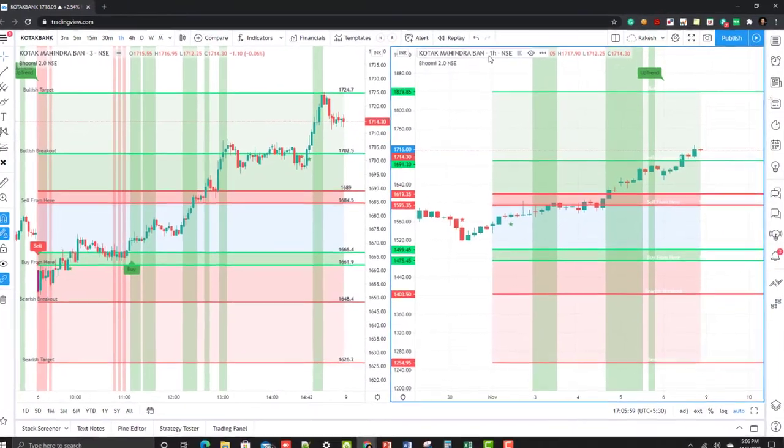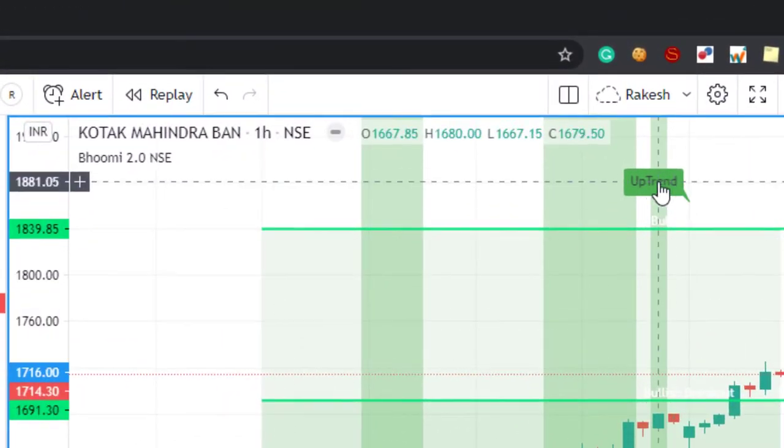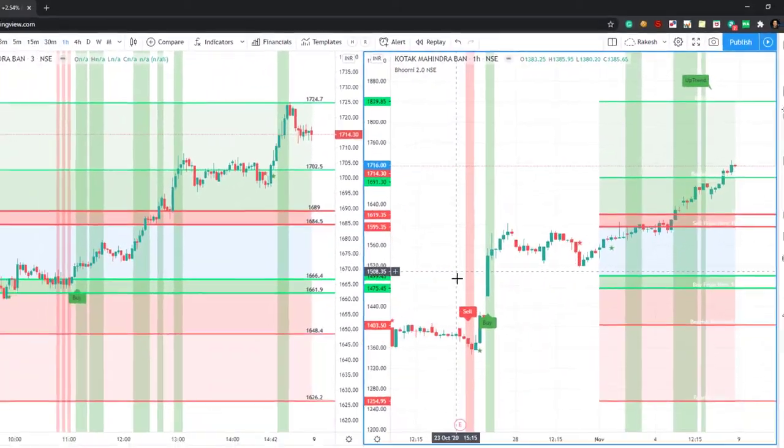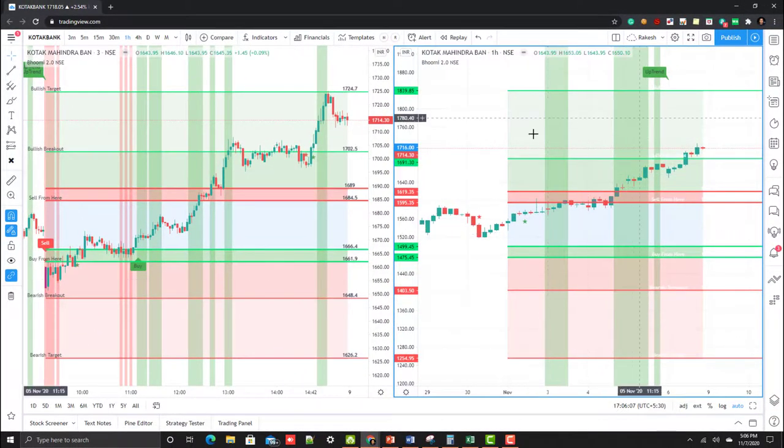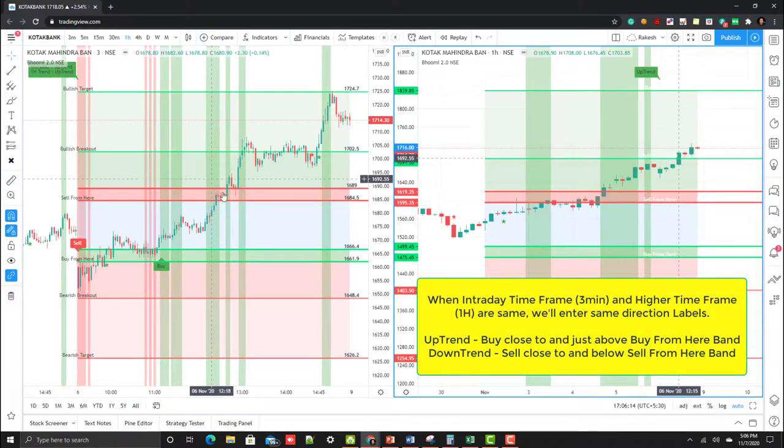In the second window, I take the same symbol, Kotak Mahindra, as 1 hour. Now, even in 1 hour, I see that the stock has been moving up consistently, and this shows that the possibility of the stock moving up is higher than going low. So whenever we have a confirmation in a lower trend as an uptrend and also higher trend as an uptrend, we enter all the bullish breakouts.